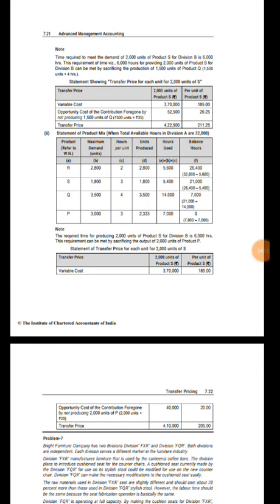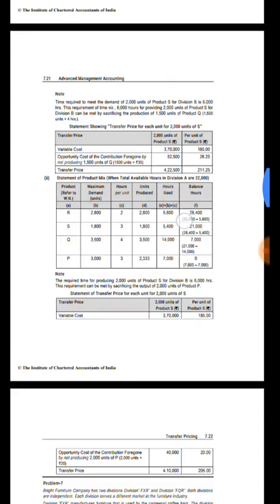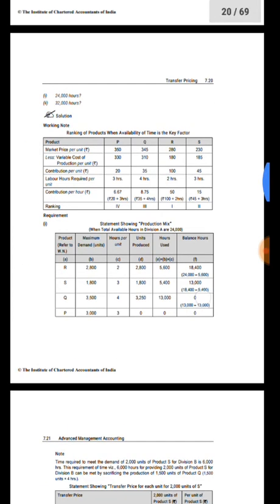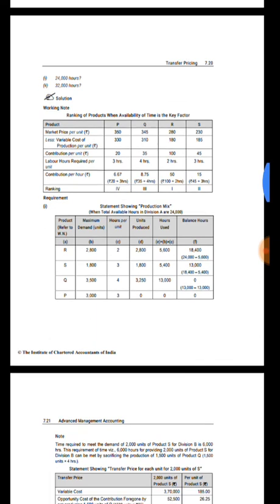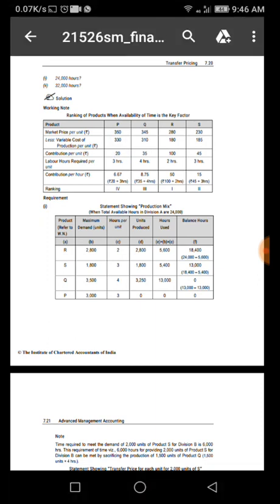Okay, so either you can take 6,000 hours into, see this table, 6,000 hours into 6.67, which is the contribution per hour. Either you can do it that way, or 2,000 units into contribution per unit 20. Why we took 2,000 here is because the 6,000 hours are required for satisfying that external demand, right?